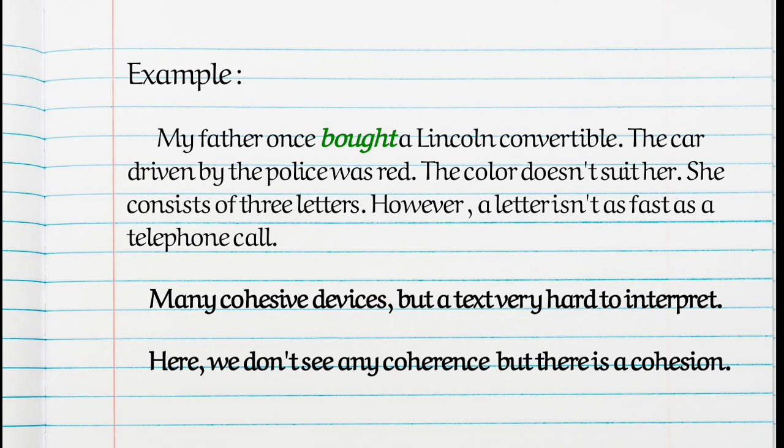There are a lot of cohesive ties, but the text is very hard to interpret or comprehend. Here we don't see any coherence, but there is cohesion, or cohesive ties, that were used in this example.